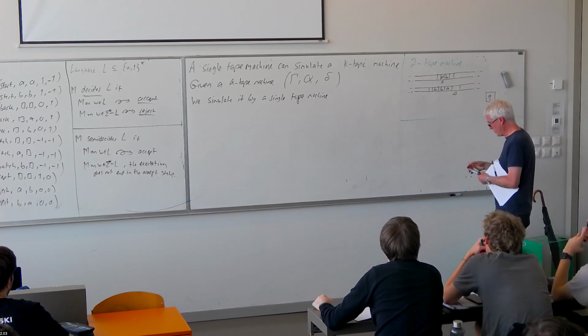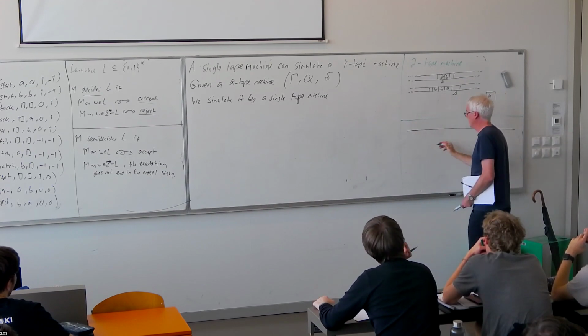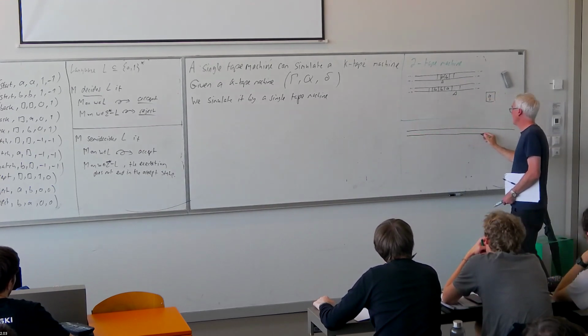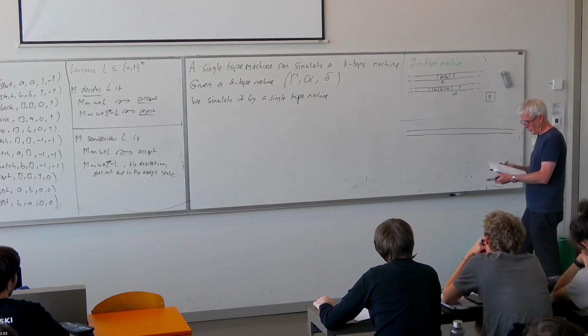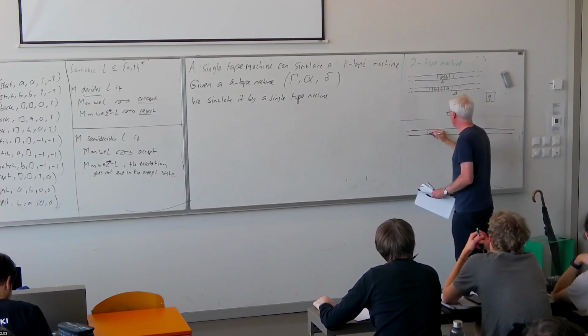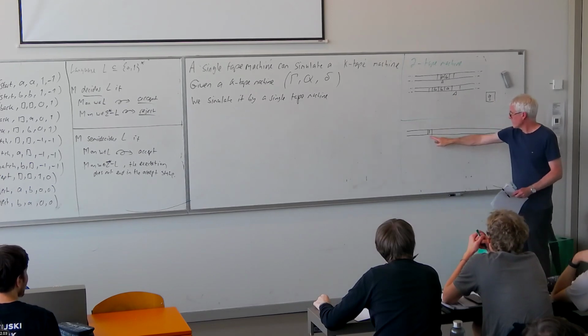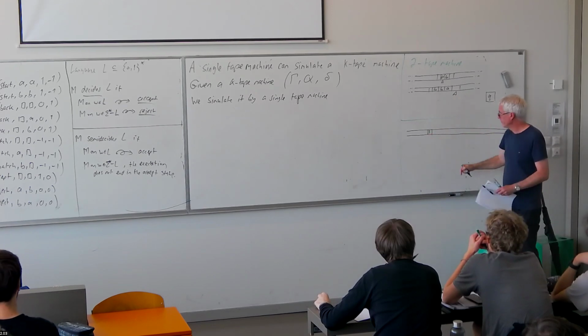So we want to put this two tape configuration on the single tape. There are many different ways of doing it. The one that I like is this: we use a special symbol to say we're starting the encoding of a tape. So this is like a double bar symbol.